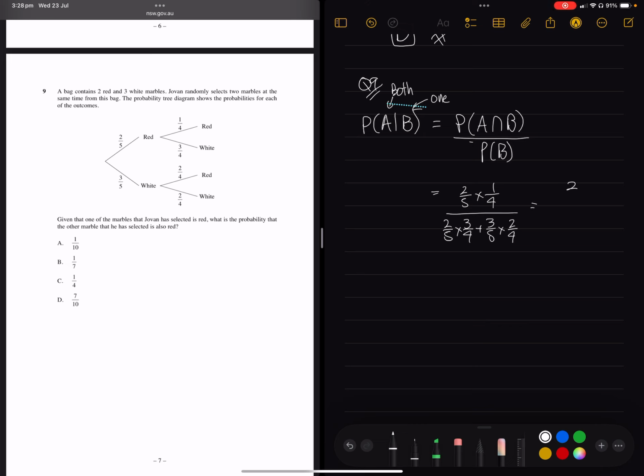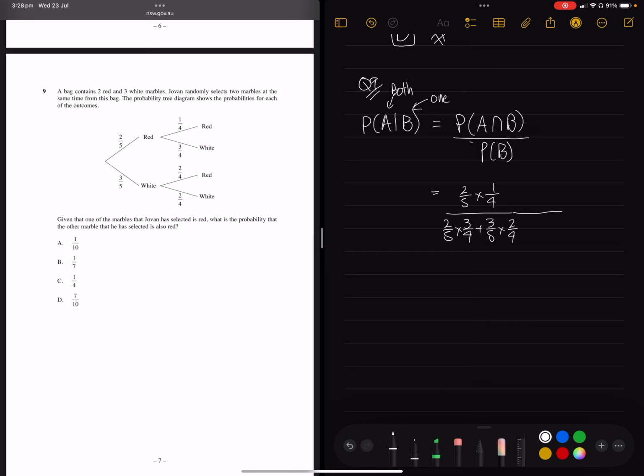So this gives us 2 on 20 over 6 on 20 plus 6 on 20. 2 times 3 is 6, 6 plus 6 is 12. And we also need to include the double red in the probability of B, because the probability that one is red includes the probability that they're both red.